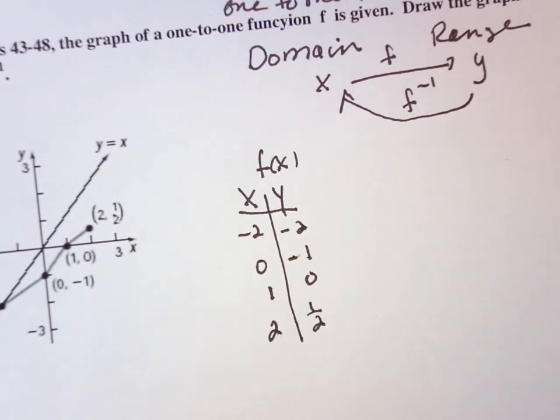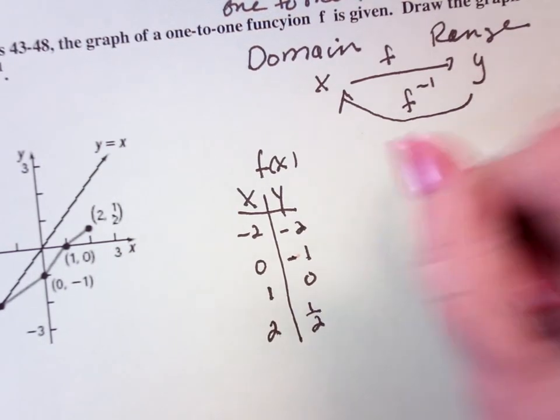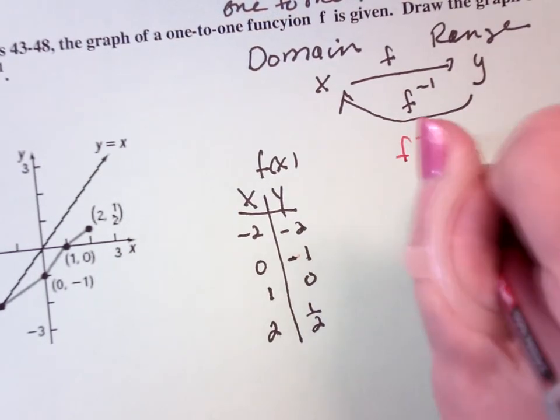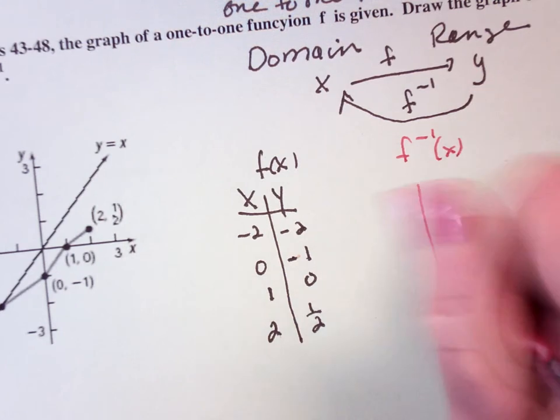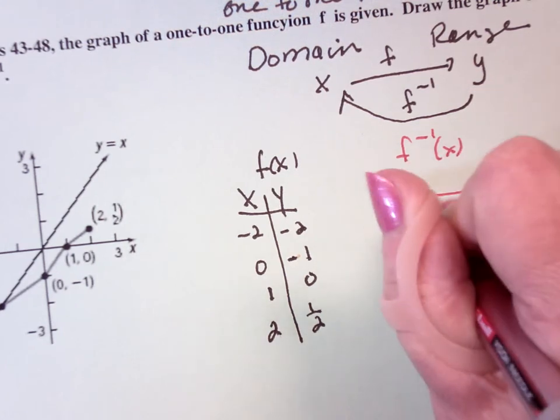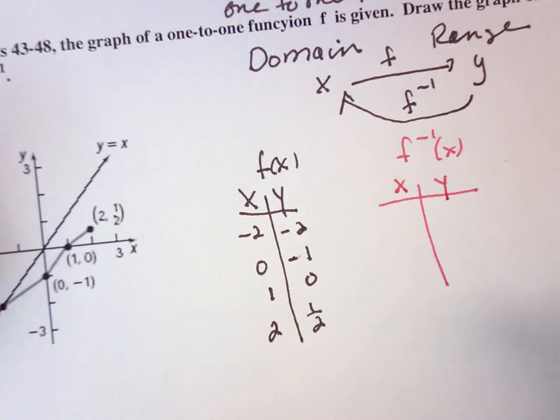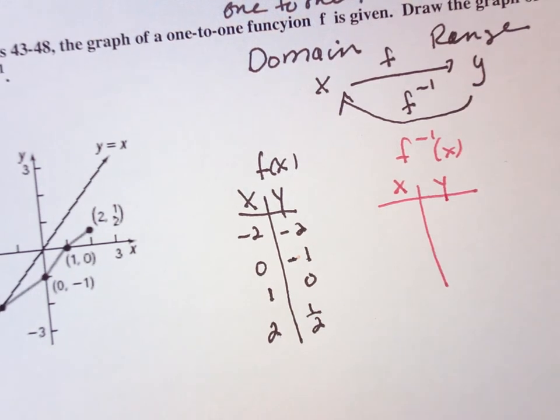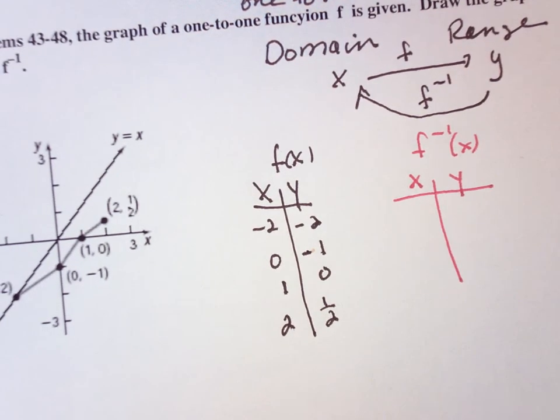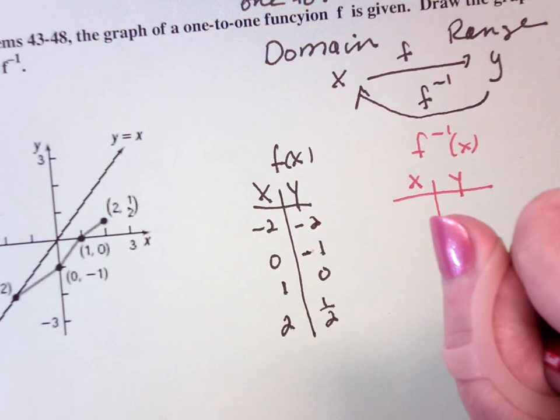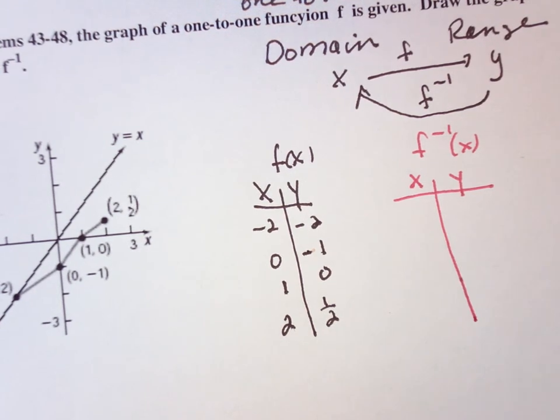That means if I wanted to graph f inverse of x, what would I need to do? If I want to graph the inverse, what would I have to do? I have to flip x and y.